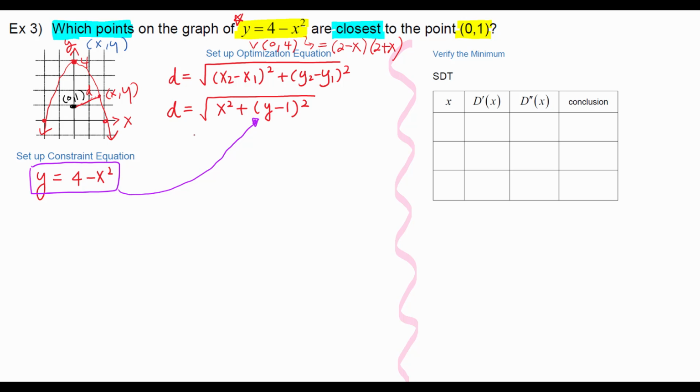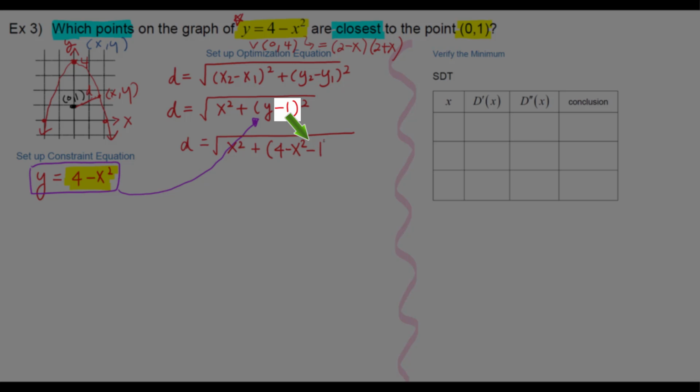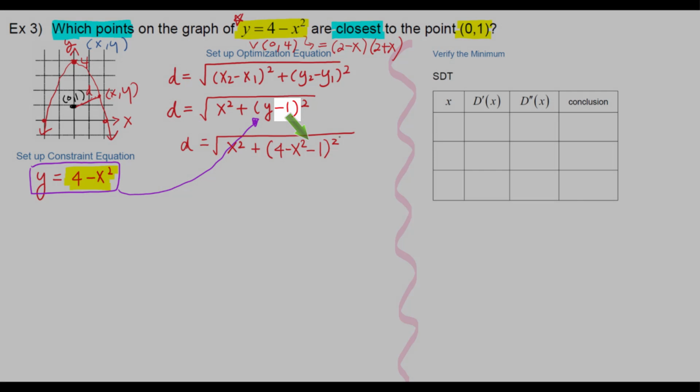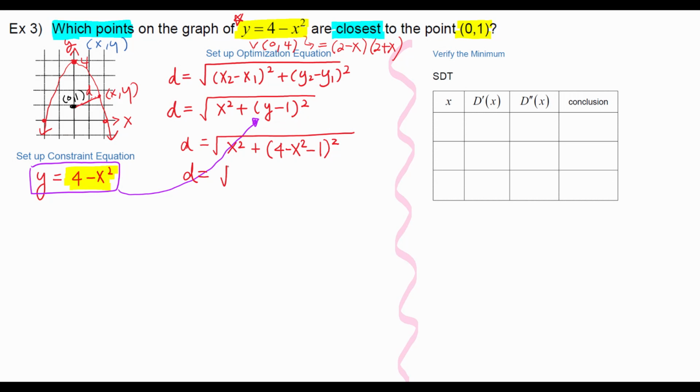Then my d becomes the square root of x squared plus (4 minus x squared minus 1) squared. Writing one more time, I get x squared plus, 4 minus 1 becomes 3, so it becomes (3 minus x squared) squared, all under the square root.